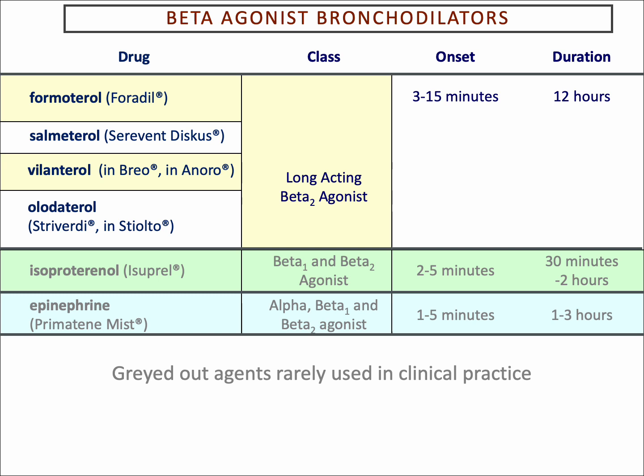The other 2 agents listed here, isoproterenol and epinephrine, are not recommended. They bind to beta 1 receptors, and so they cause cardiac stimulation, and epinephrine also binds to alpha receptors with vasoconstriction. So both of those are not modalities we recommend, even though epinephrine, or Primatene Mist, is still sometimes available in some areas over the counter.